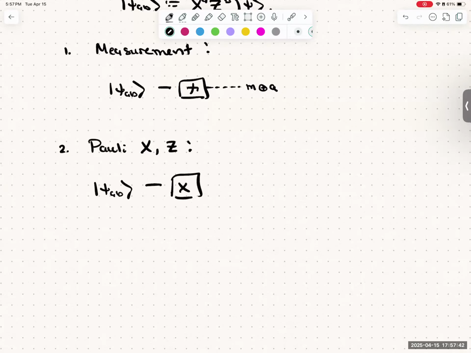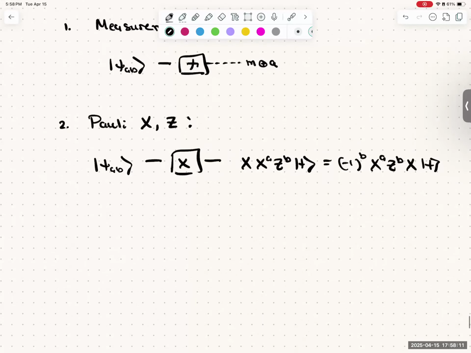If I want to do an X unitary, what this actually does is it applies an X to X_A Z_B psi, which up to overall sign, (-1)^B, is X_A Z_B X psi, and a similar sort of relation holds for Z. So this is up to overall sign, which we don't necessarily care about.